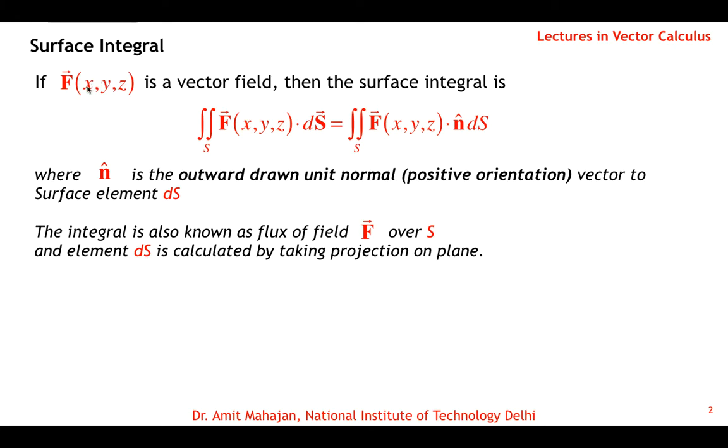So let us take the definition: if you have a vector field f, then the surface integral is given by the double integral of f dot dS over the surface, which can be written as the double integral of f dot n cap dS, where n cap is the outward drawn unit normal, positively oriented vector to the surface element dS.